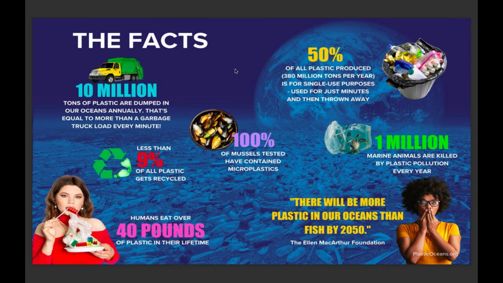One news item says that 1 million marine animals are killed by plastic pollution every year. And the biggest threat and the most alarming news is that there will be more plastics in the oceans than fish by 2050. That is a really very scary situation in which we are living today. Next slide, Manish.